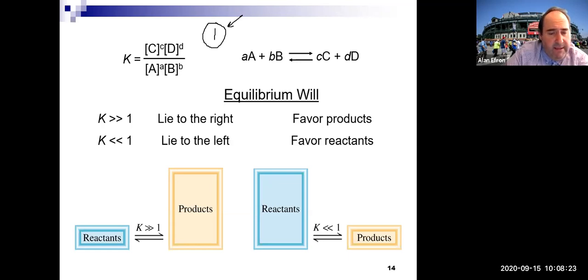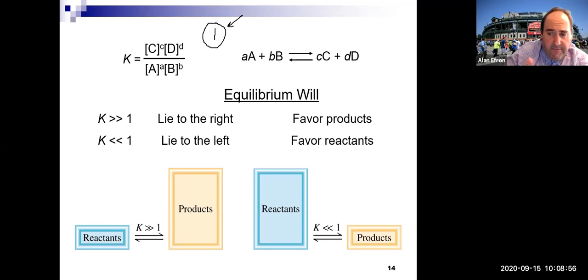What that means is we would expect more products there than reactants, and we would favor product formation when we have a large value of K. The opposite is true if you have an equilibrium constant that's less than 1, something with a negative exponent. We would expect the equilibrium to lie to the left, or to favor the reactants. Again, a small number divided by a large number gives us a small number in that case.